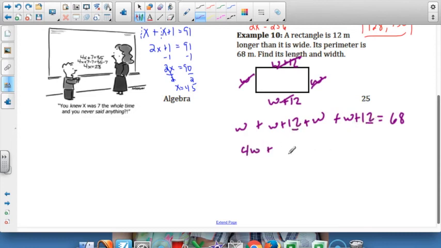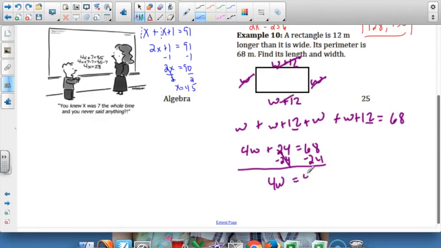12 plus 12 is 24. And I've got 68. And now I'm to a simple two-step equation. So 68 minus 24 is going to be 44. So I've got, minus 24, is going to give me, on this side I've still got my 4W, and that's gone.